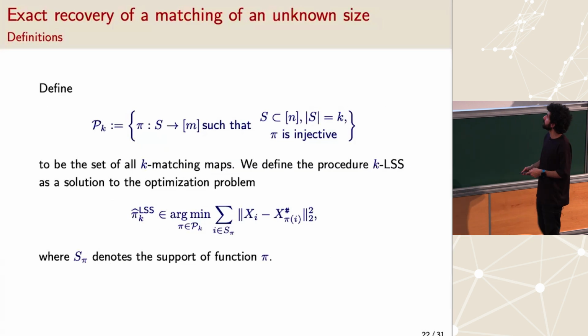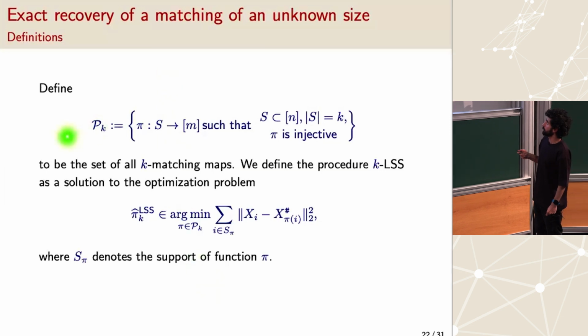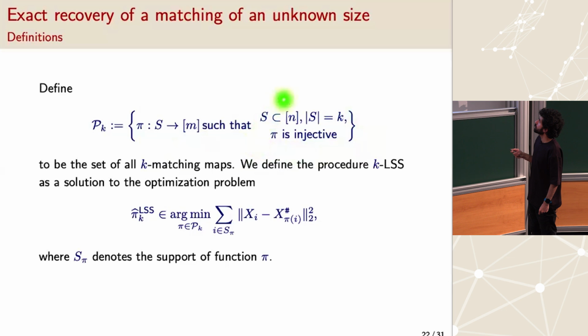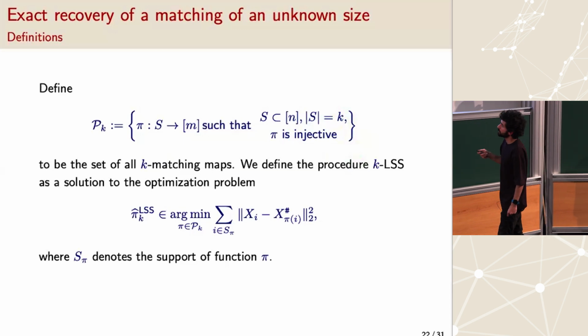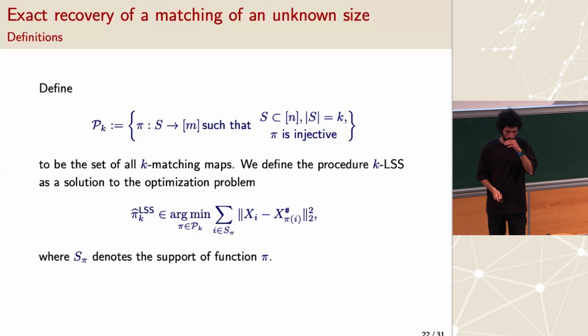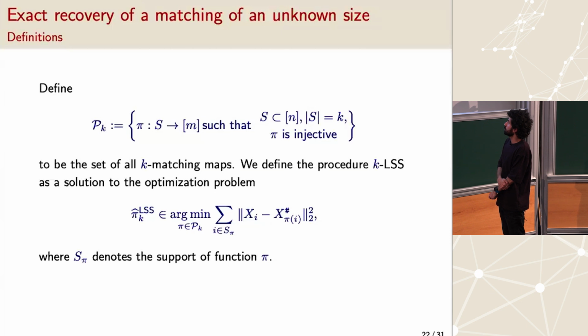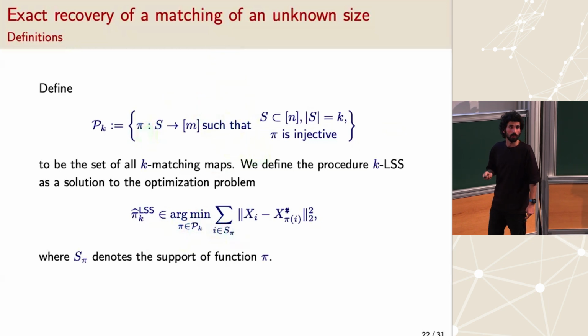Okay, so we define a set of all k matching maps, such that S is a subset of 1 to n, it has cardinality k, and pi is an injection between the set S and the set from 1 to m. And the procedure here would be very similar to the ones that we have seen, with slight changes: we now take the argmin over all pi's that represent a k matching.